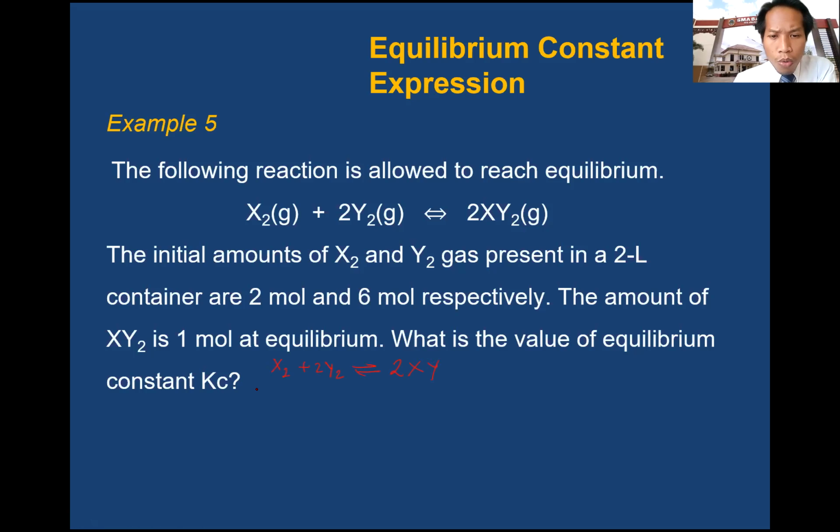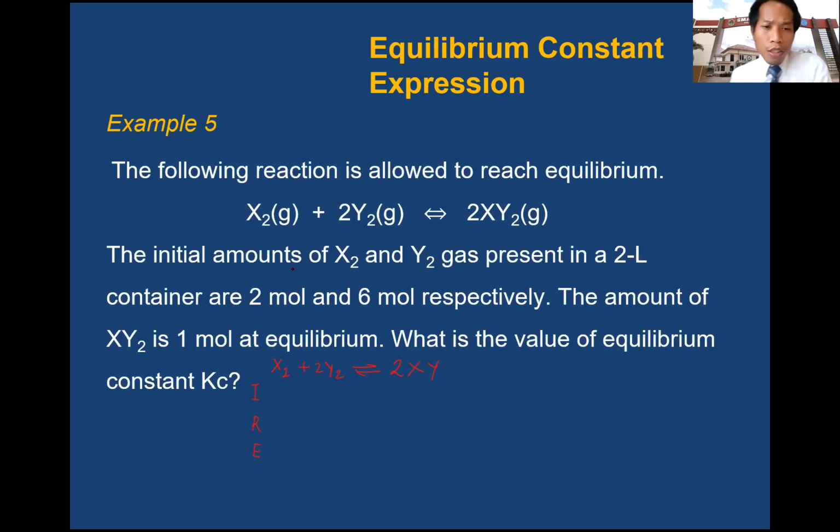And after that, we are going to write the matrix for this one, I, R, E. What is I, R, E? I is initial, R is reaction, E is equilibrium. Initial, reaction, equilibrium.